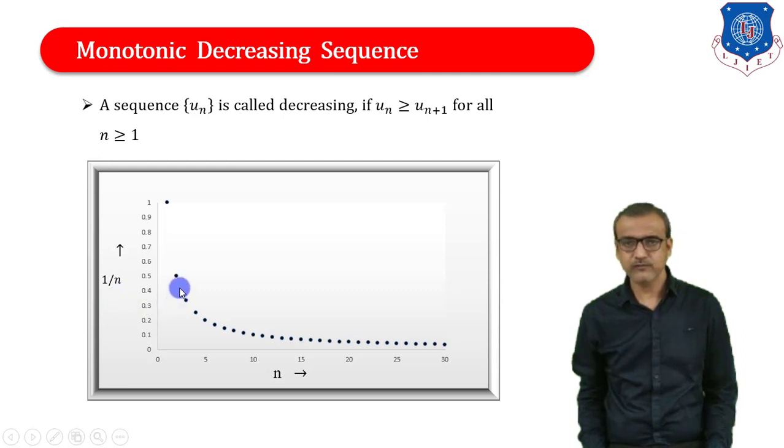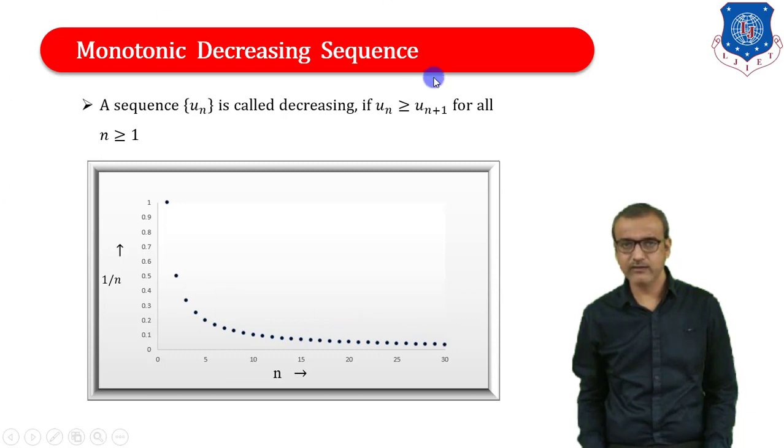So 1 is greater than 1 upon 2. If you apply the same concept, you will get the graph of 1 upon n like this. As you can see from the graph, as n tends to infinity, Un, that is 1 upon n, tends to 0 and it is decreasing.